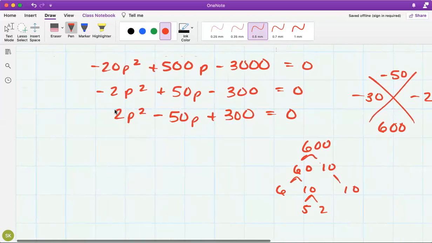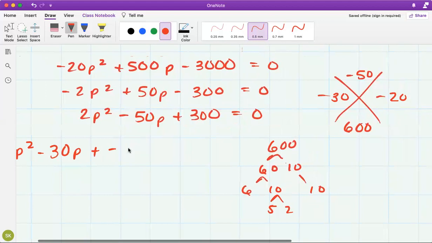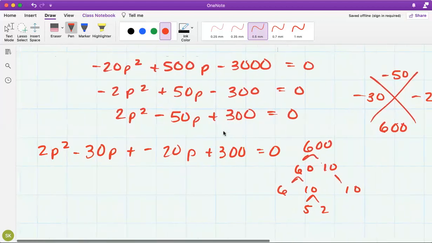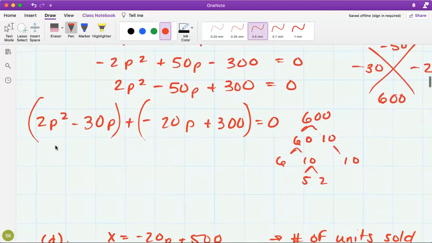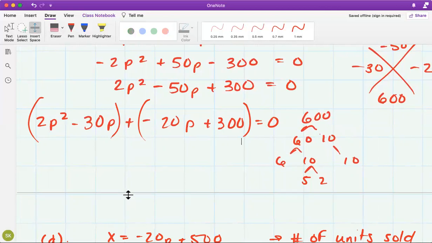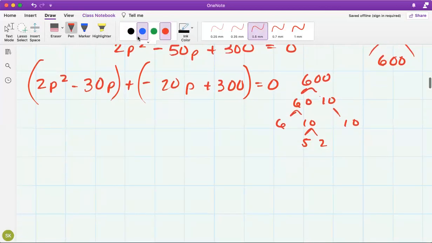So because this number in the front is not a 1, we can break this into 2P squared minus 30P plus a negative 20P plus 300 is equal to 0. And then we group, factor out what you can factor out. I can take out a 2P from the first one.